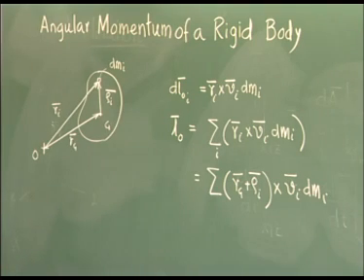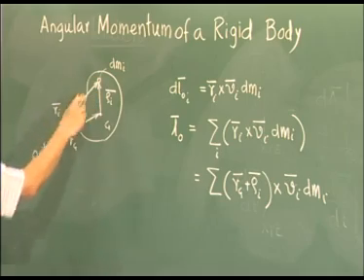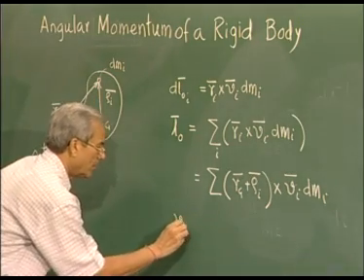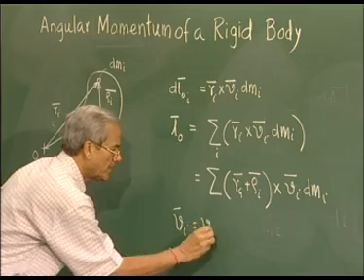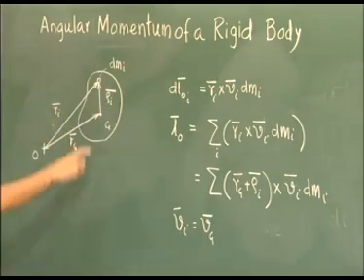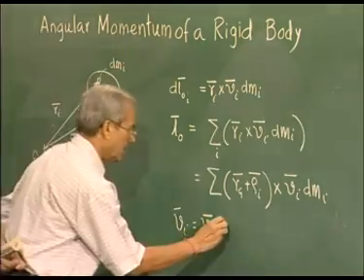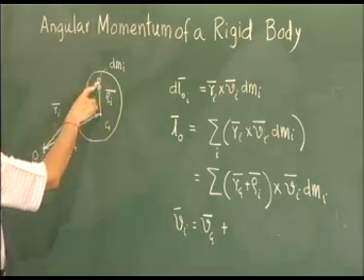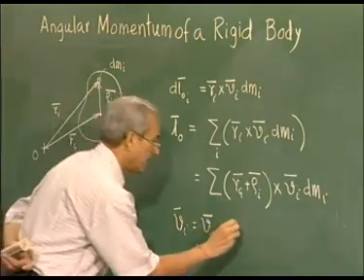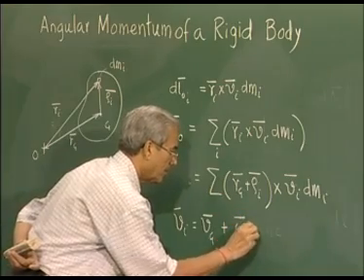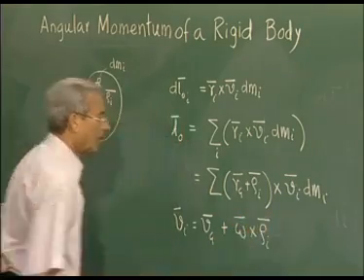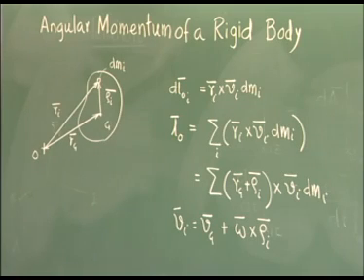Now again, the velocity of this point we know can be represented as the velocity of the center of mass, V_g, plus the velocity of this point mass with respect to this, which is given by omega cross rho_i, where omega is the angular velocity of the body and rho_i is the location of the point mass with respect to the center of mass.